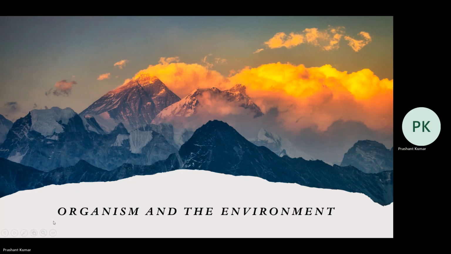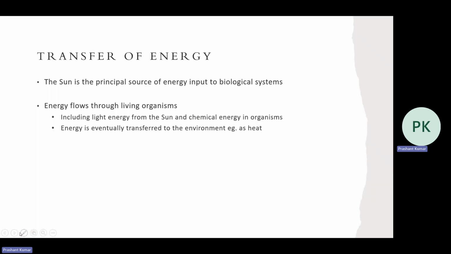As the name suggests, organism and the environment, we'll talk about organism and how organism is interacting with the physical environment, right? Whenever we talk about organism, the first thing that comes to mind is how the biological system is involved in transfer of energy.